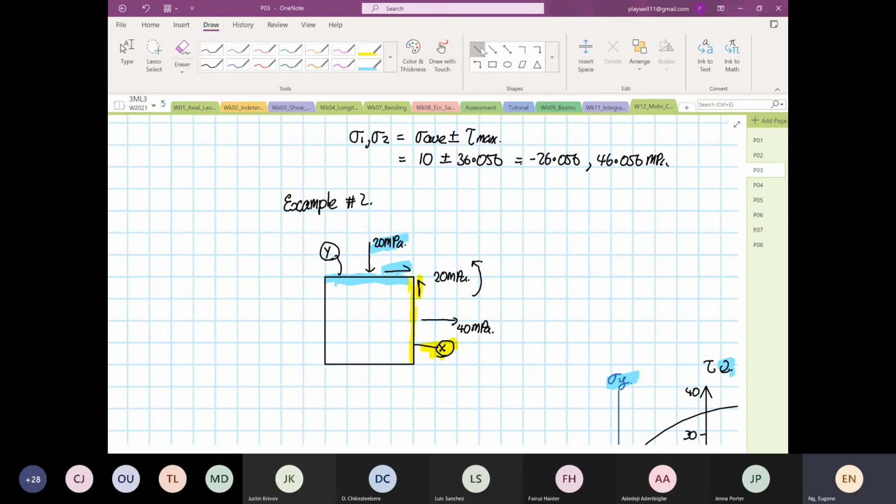The grain of the wood is at 30 degrees, rotated in an anti-clockwise direction.